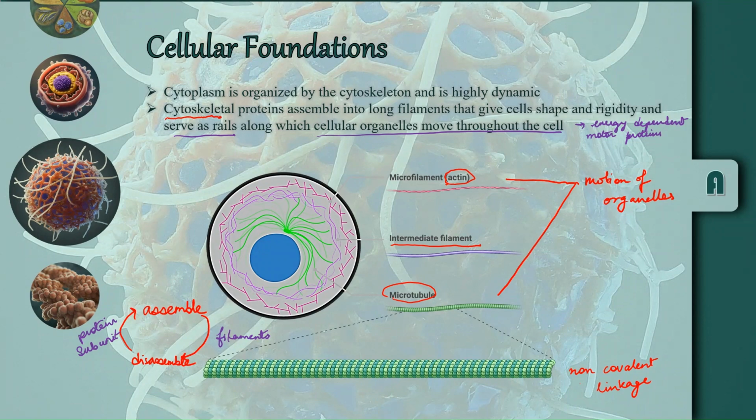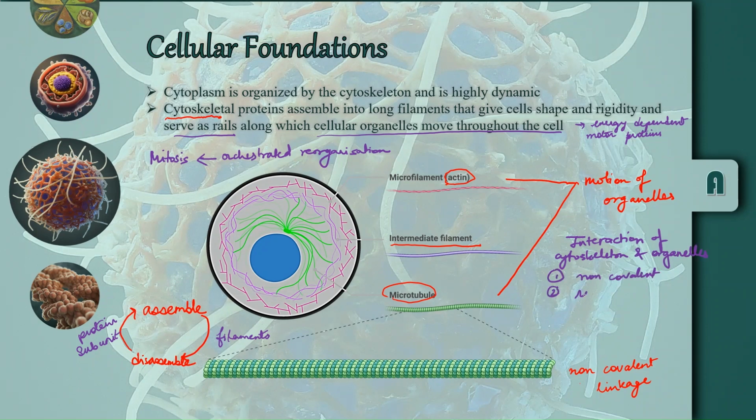The motion and positioning of organelles and cytoskeletal elements are under tight regulation, and at certain stages in its life, a eukaryotic cell undergoes dramatic, finely orchestrated reorganization, such as the events of mitosis. Interactions between the cytoskeleton and organelles are non-covalent, reversible, and subject to regulation in response to various intracellular and extracellular signals.